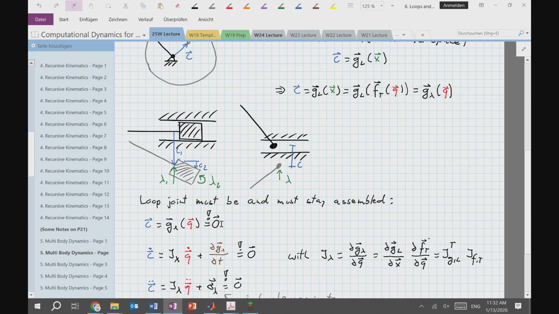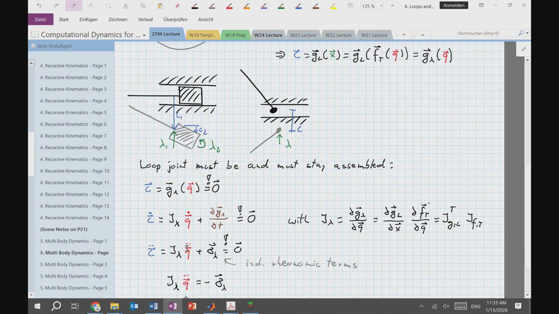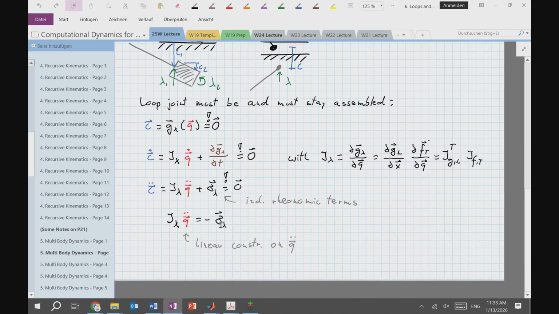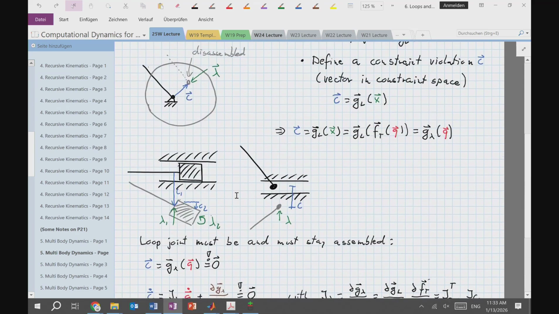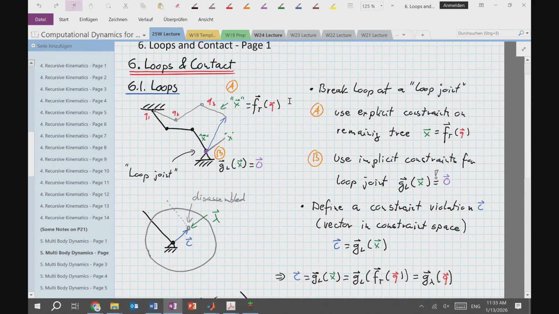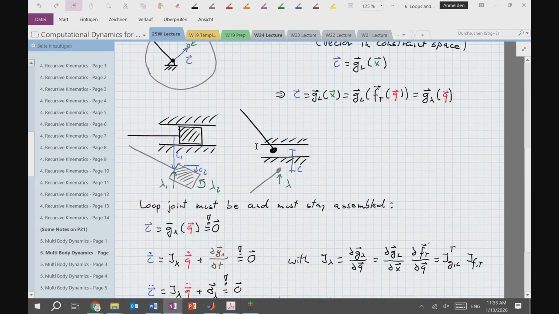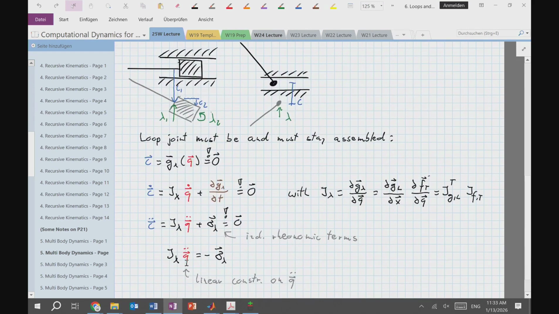This has to hold on position level, being equal to 0, on velocity level, and on acceleration level, and basically gives me a linear constraint on our possible q double dots, on our possible accelerations. So I cannot choose my q double dots freely, as I can do in a purely explicit constraint, but I have these additional implicit constraints that reduce the number of degrees of freedom.